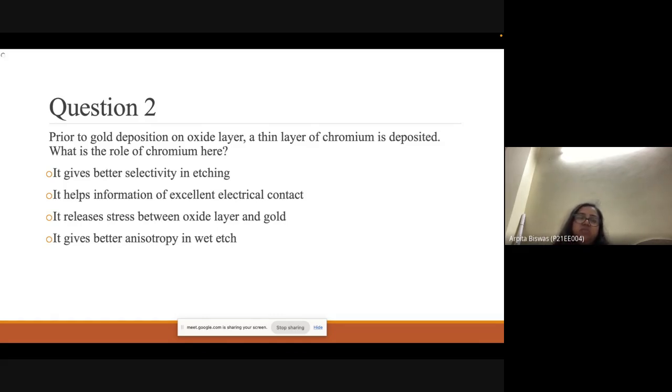We deposited some nanometers, like 20 to 25 nanometers of the chromium. Then after that, we deposited the gold layer, right? Like 180 or 200 and maximum 250 nanometers we can deposit. So now the question is, what is the role of this chromium? So please try to solve this question.